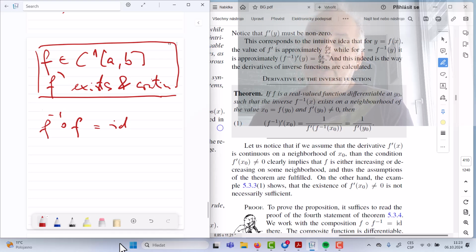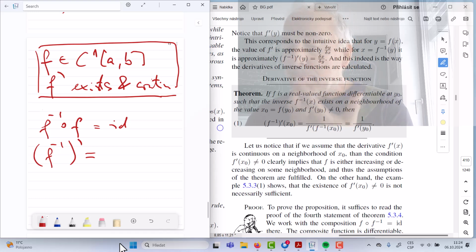If we know that f is differentiable, and if we expect that f inverse exists and would be also differentiable, then of course we see immediately from the chain rule, the rule for differentiating the composition of functions, that the derivative of the inverse must be what?